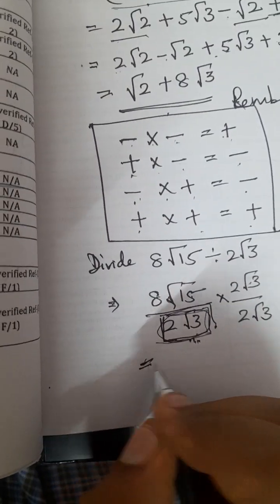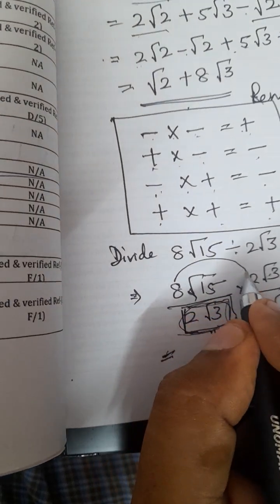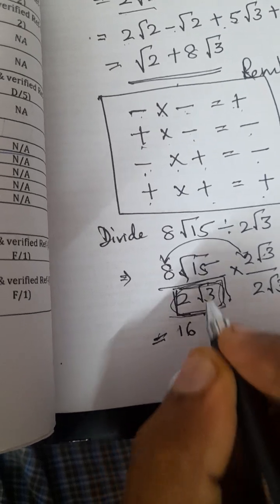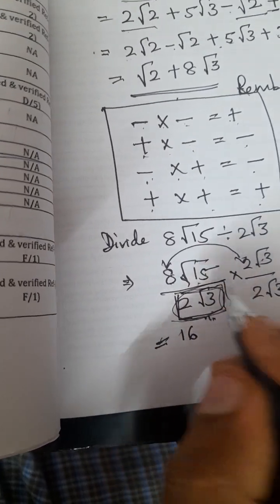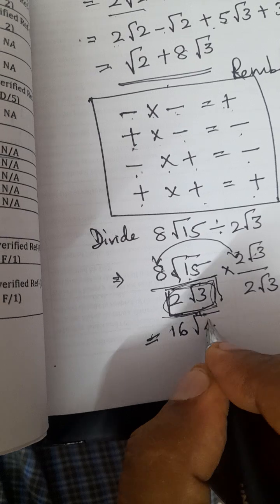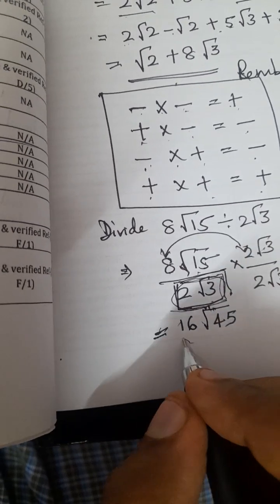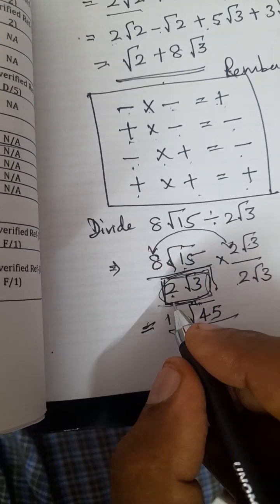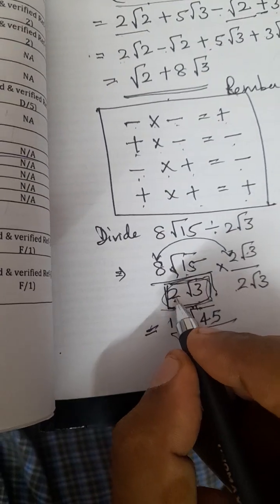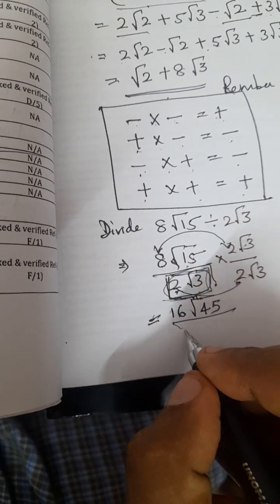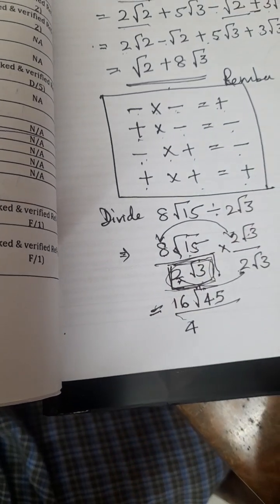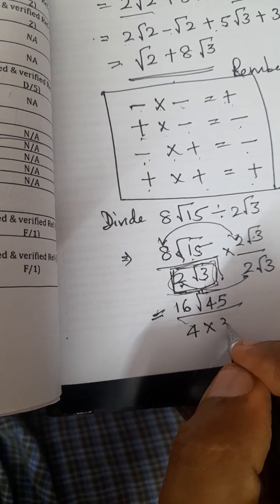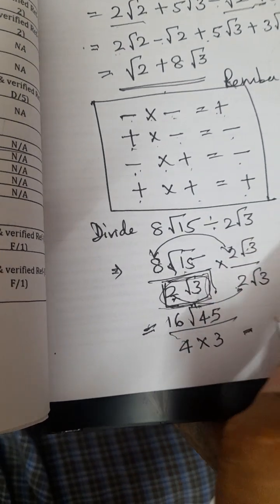In the numerator, 8 twos are 16, and root 15 into root 3 is root 45. In the denominator, 2 into 2 is 4, and root 3 into root 3 is 3.